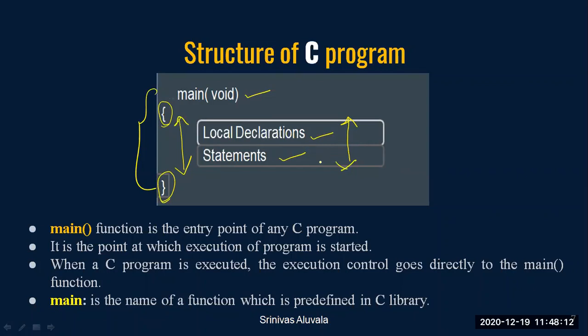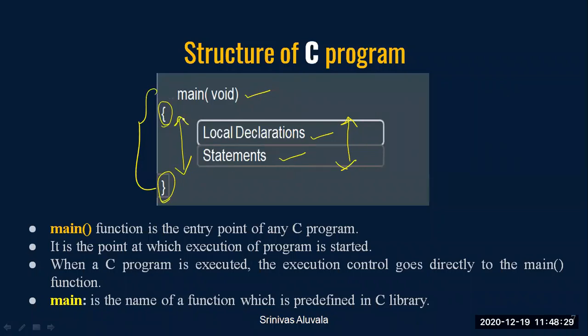Remember one thing: the basic structure of a C program consists of a main function, and it has a body. In the body, we have the statements which are supposed to execute and get a result to our problem.